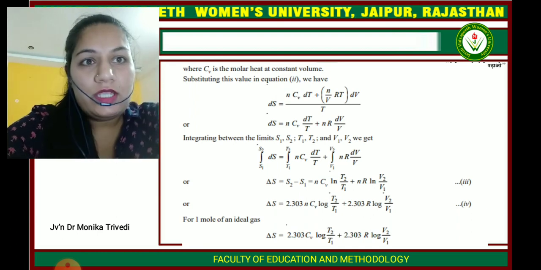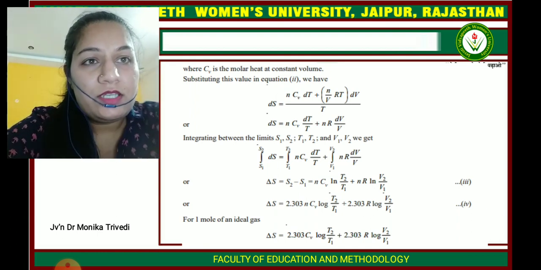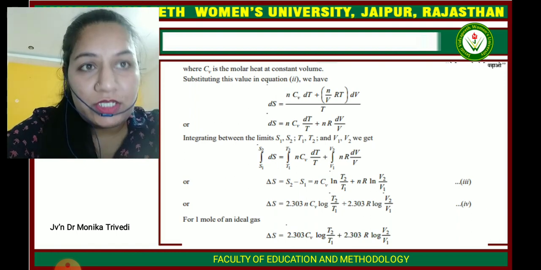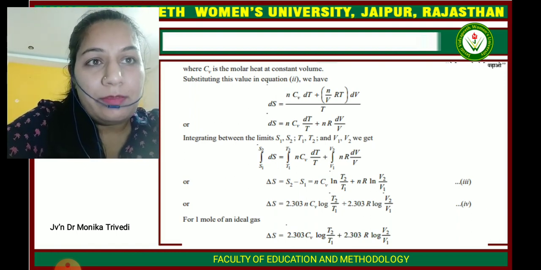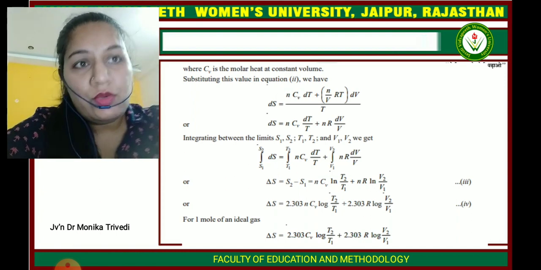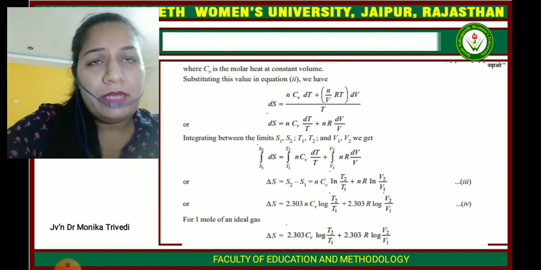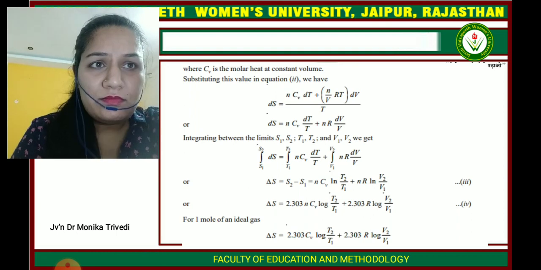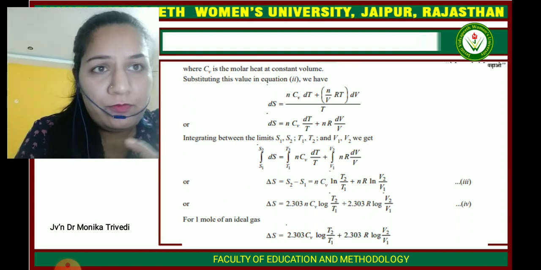If we integrate the value dS from S1 to S2, the term n Cv dT/T from T1 to T2, and the term nR dV/V from V1 to V2, we get the equation for one mole.